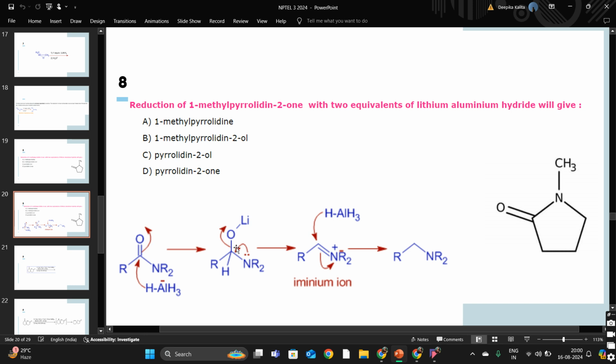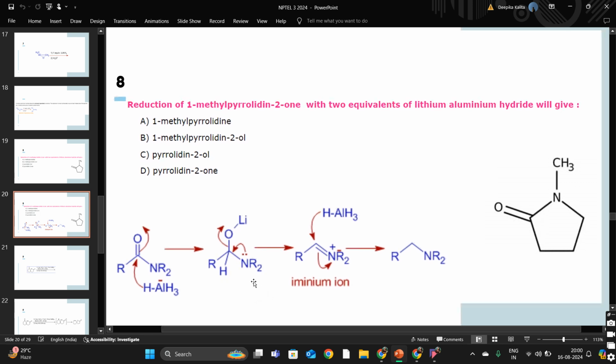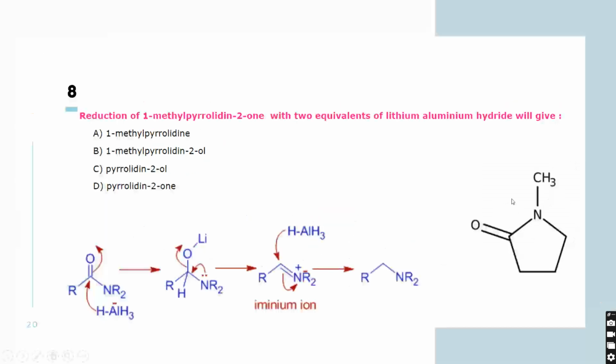Sometimes you forget that you are given two equivalents, so you might hydrolyze this particular intermediate product and report the product to be maybe 1-methyl pyrrolidine 2-ol, but you cannot forget the second equivalent of your lithium aluminum hydride. So you have to reduce your iminium ion with the second equivalent, and you will get the tertiary amine as your final product.